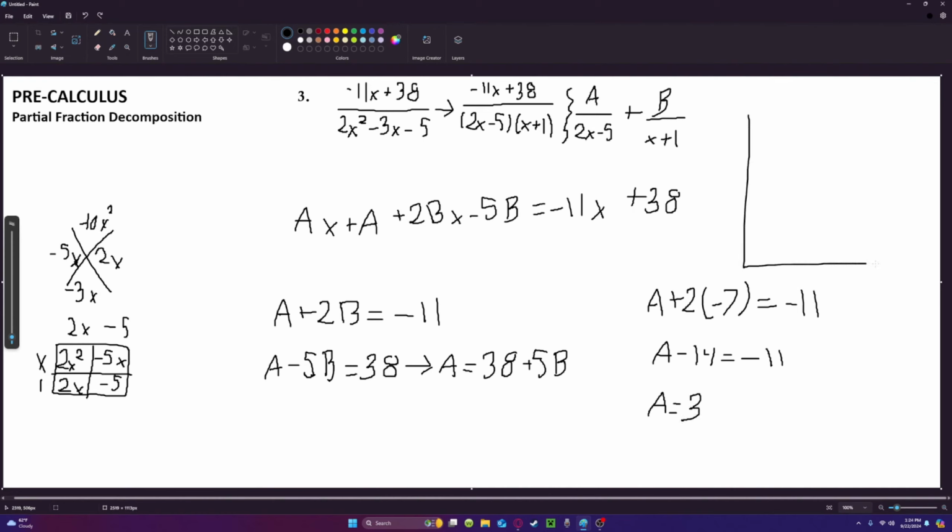So let's box in our final answer. Remember, b was negative 7, so we have 3 over 2x minus 5, and then we can just put minus 7 over x plus 1. So overall, that is how you do partial fraction decomposition.